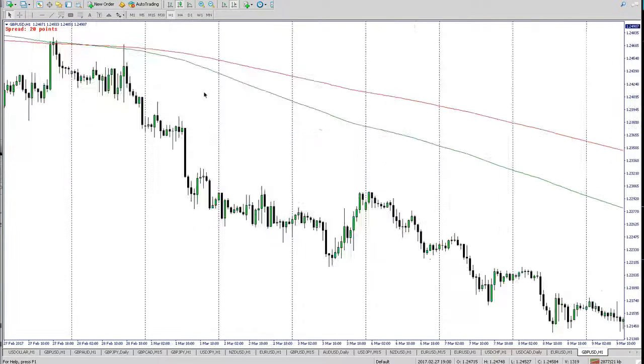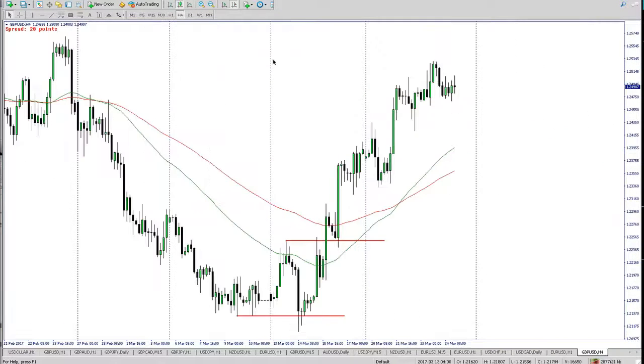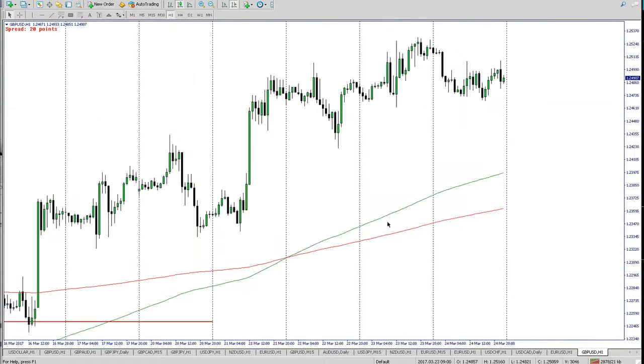And then on the hour, I've done them the same. So the numbers on the 4 hour are 108 exponential moving average and 54. On the hour, they go insanely big, but they represent the daily.